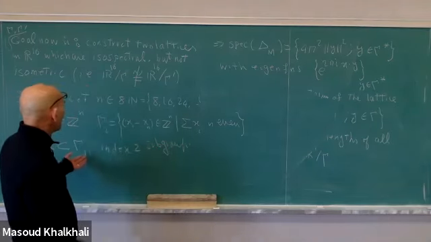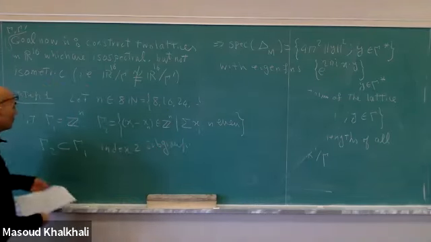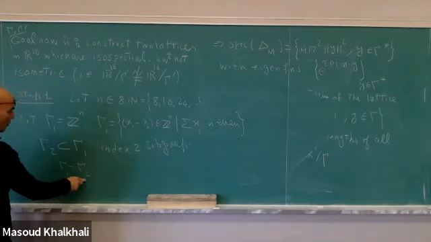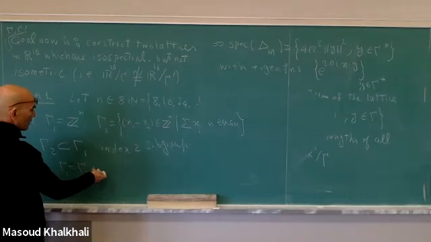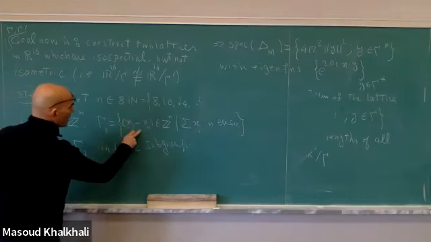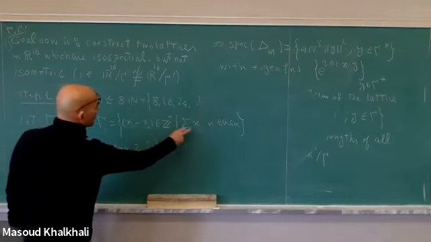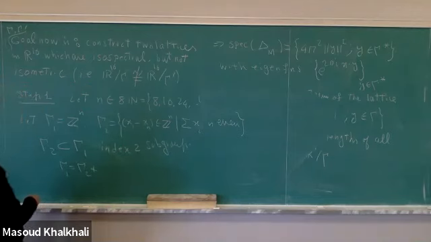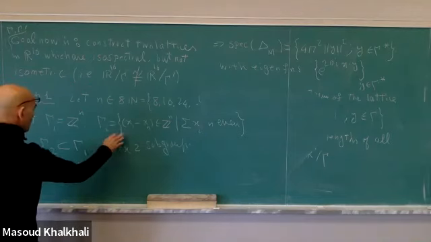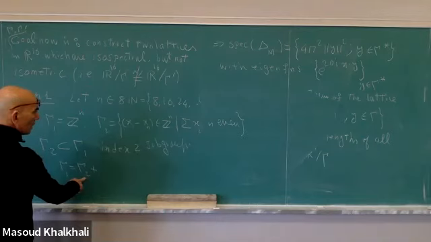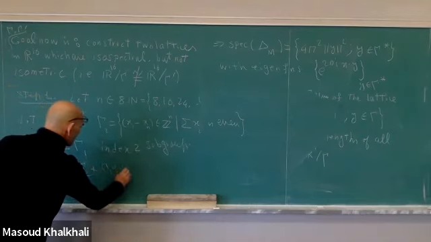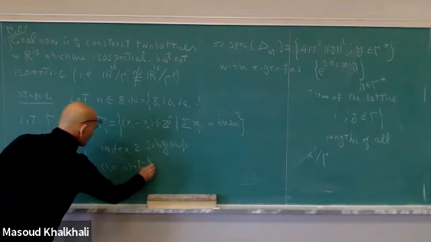Index 2 subgroup because you can write gamma 1 as gamma 2, that's one coset, plus another coset. Because the sum of these things has to be even, if it is odd, we can take 1, 0, 0, ..., plus gamma 2.